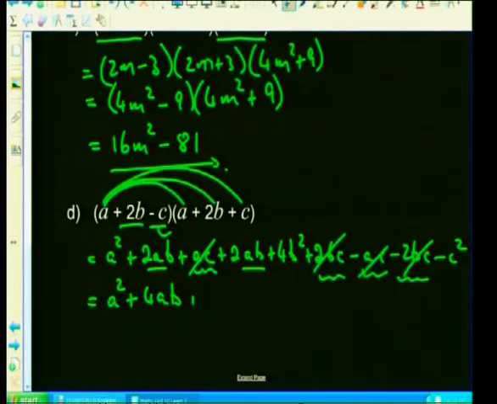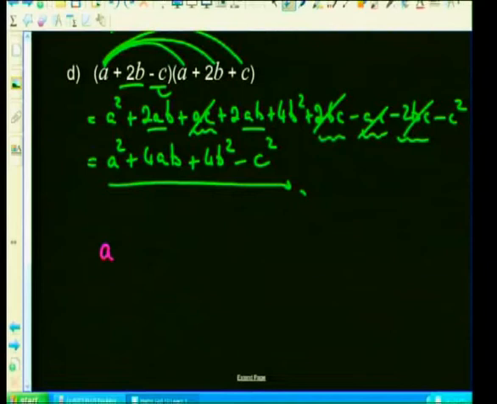So what I'm left with over here is plus 4b squared minus c squared. Now, the problem with this technique is, it's not really a problem, it's that you've got to be very, very accurate in order to get the right answer. One little slip, and it's going to be a mistake. What I'm going to do is do it again in another way.